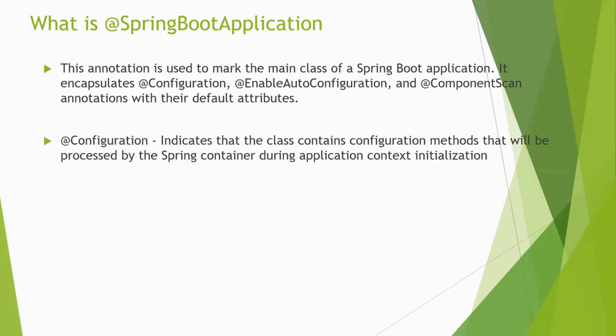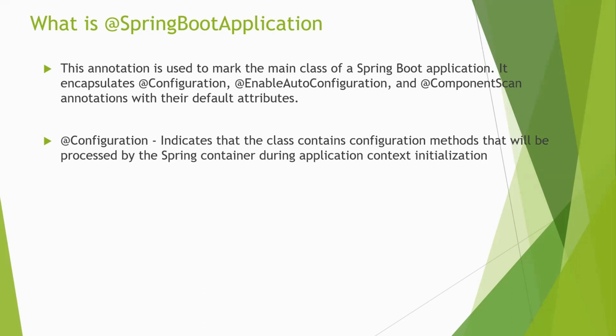The first is @Configuration. It is an annotation that indicates that the class contains configuration methods. That means the class annotated with @Configuration contains bean methods, and these will be processed by the Spring container during application context initialization.